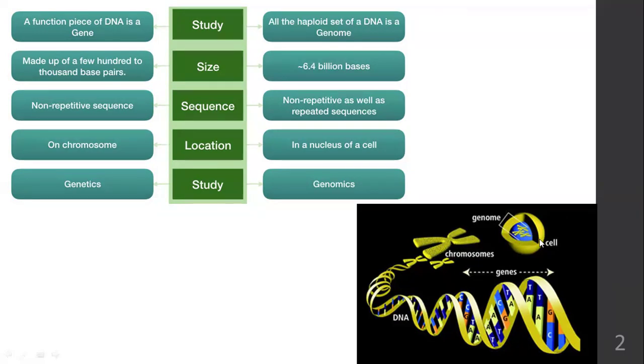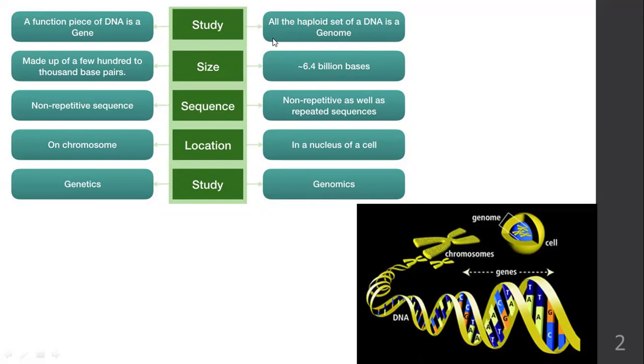Inside a cell you have a nucleus, inside the nucleus you have the genome. Different combinations of chromosomes come together and form a genome. How many chromosomes does a human being have? How many pairs of chromosomes? Yes, we have 23 pairs of chromosomes, with the 23rd pair being the sex chromosome.